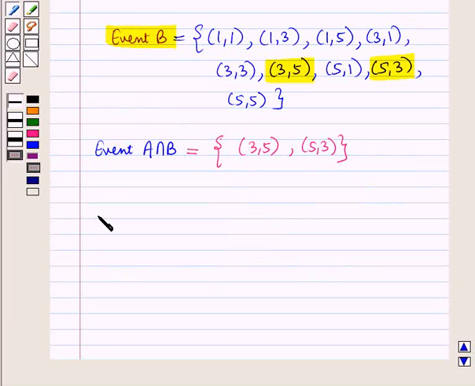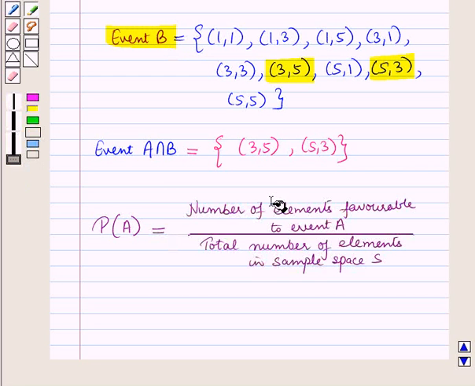Now let us calculate probabilities. First of all, let us find probability P of event A, which is equal to number of elements favorable to event A upon total number of elements in sample space S.